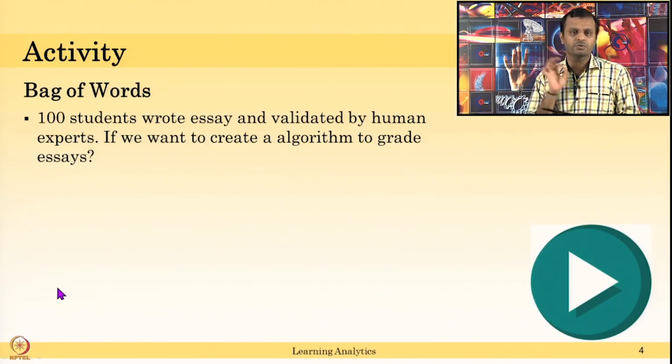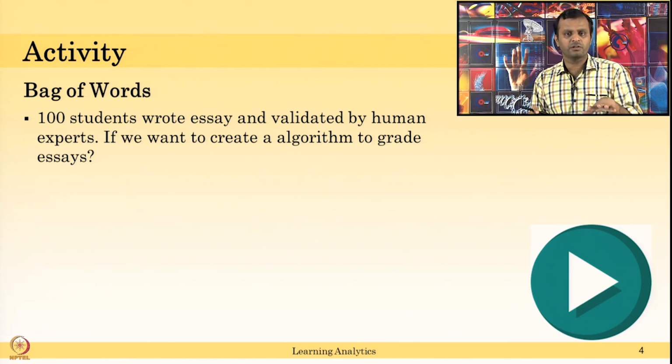If you have 100 students writing essays, and you have the essays validated by human experts like 2-3 teachers, who rated each essay as very good, excellent, or average, poor, something like that, okay. You have graded them. If you want to create an automatic algorithm to grade these essays, what do you do?